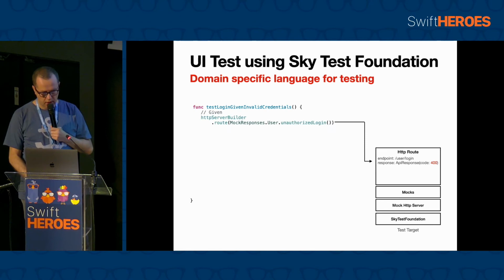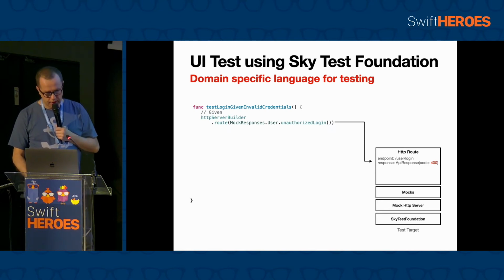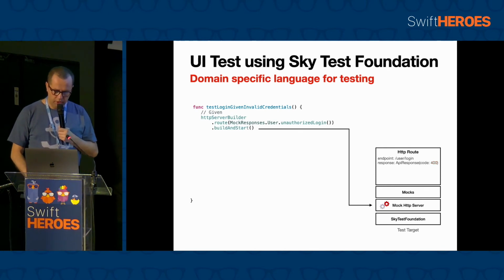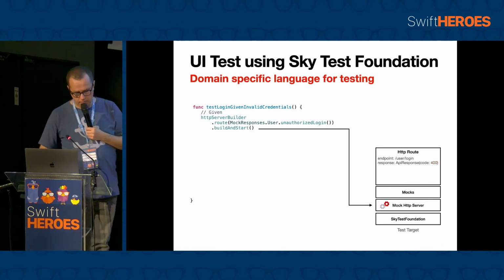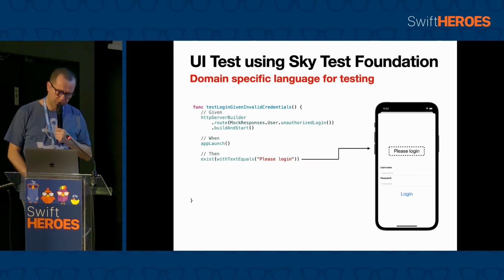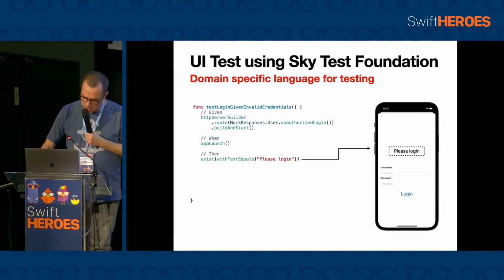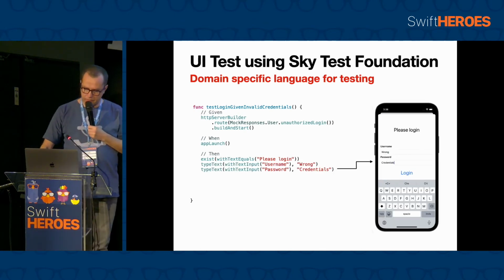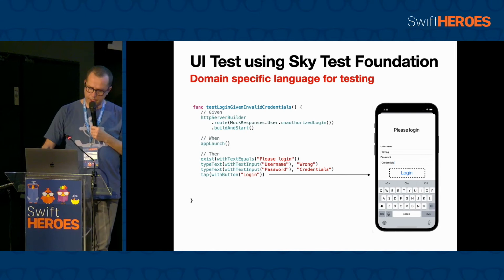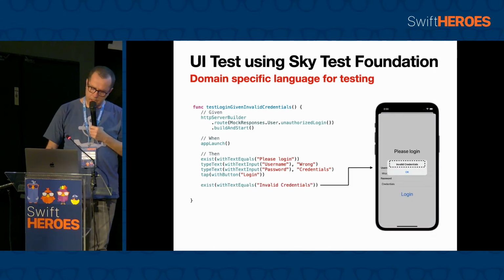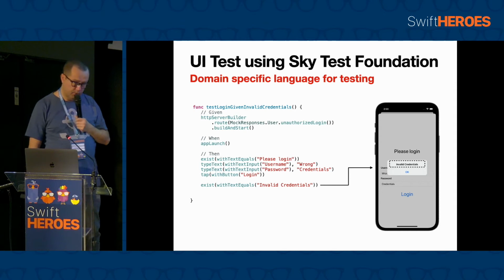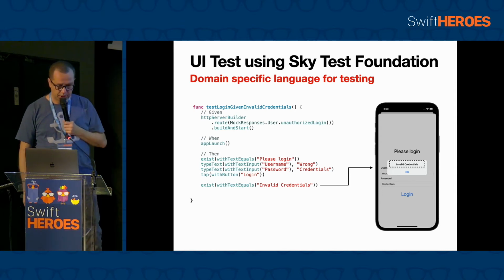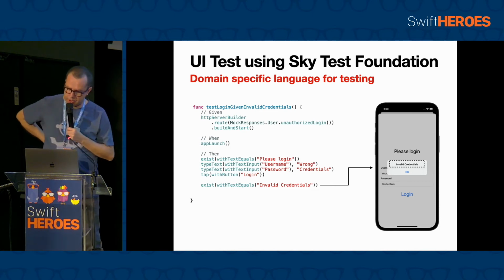Again, in the given section we define our HTTP route. We start our mock server. We launch the app. Again, we assert the existence of please login. We fill the form with the credentials, tap login, and then we verify the existence of the invalid credential text.